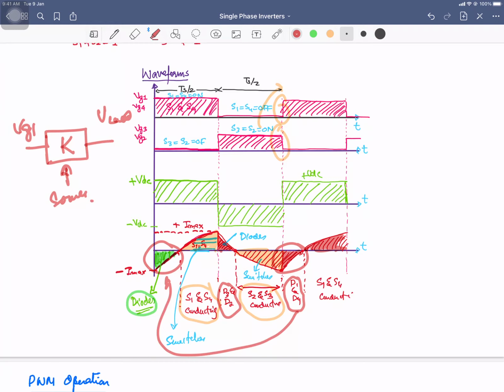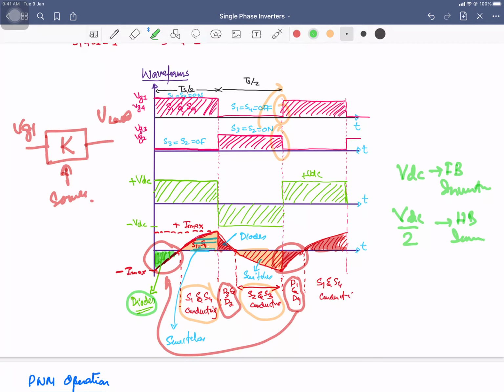And what is the advantage over here? That we are going to get the voltage VDC for the full bridge inverter circuit. However, in the case of the half bridge inverter circuit, it was VDC by 2. So you are going to get the double voltage.